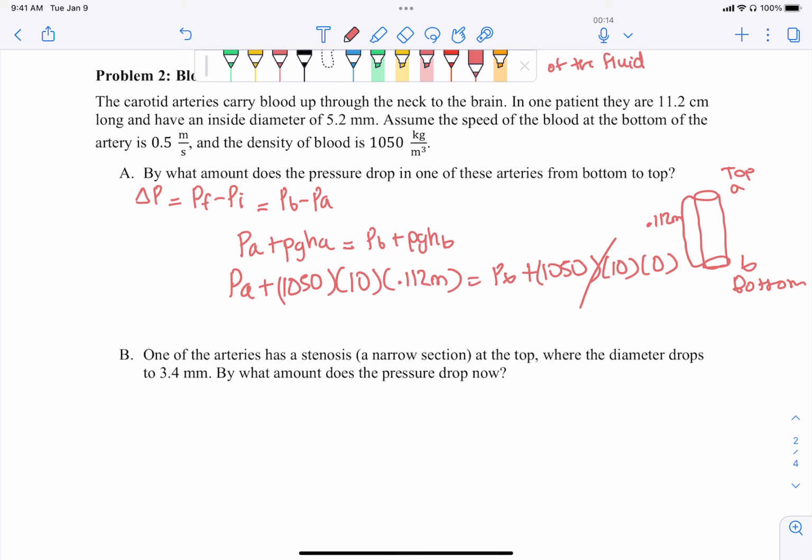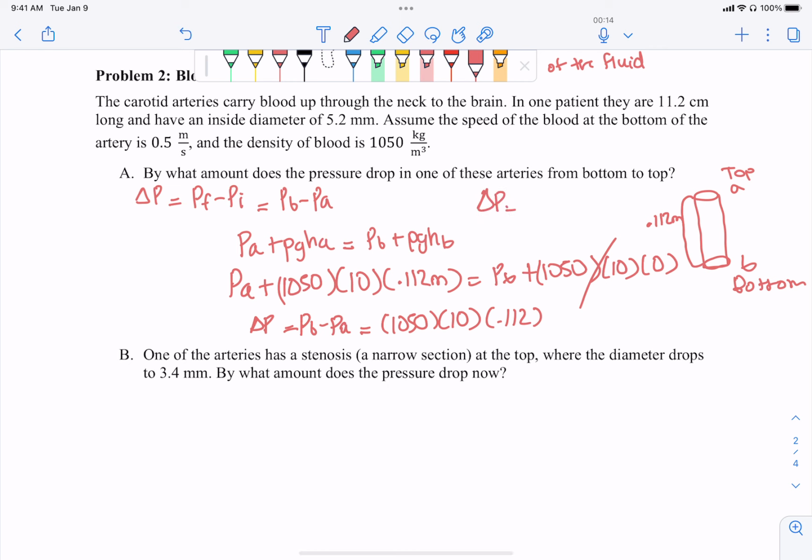Then I can solve for PB minus PA, subtracting over the PA. So PB minus PA, which is delta P, is equal to 1,050 kilograms per meter cubed times 10 meters per second squared times 0.112 meters.